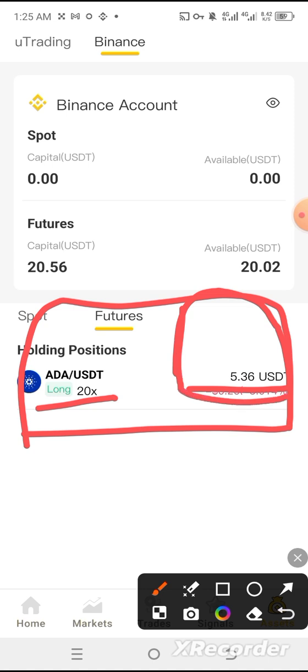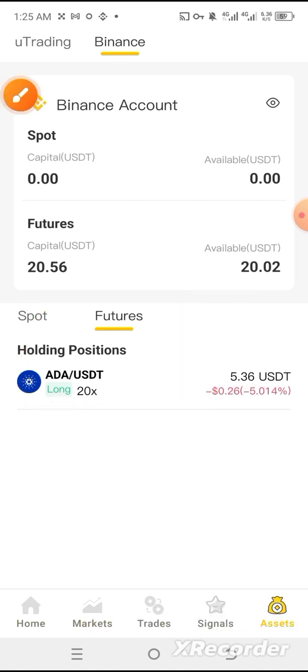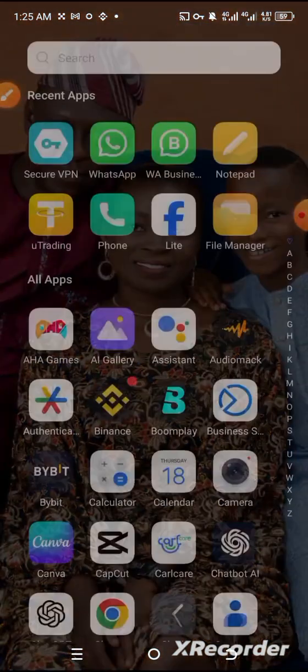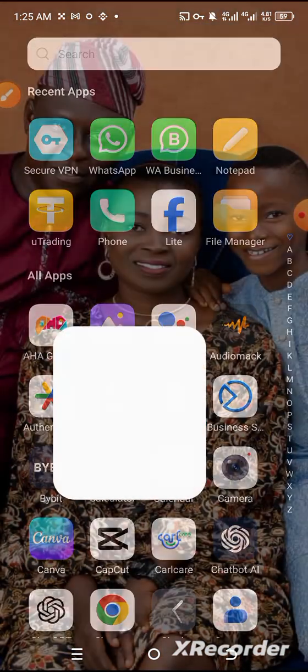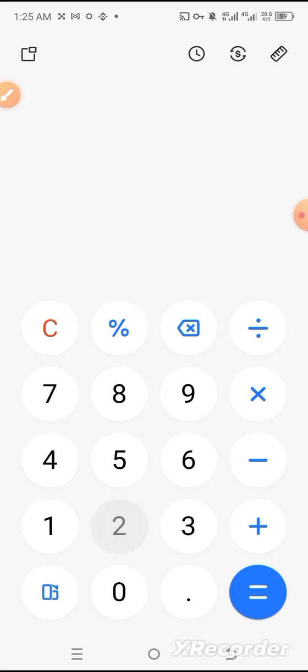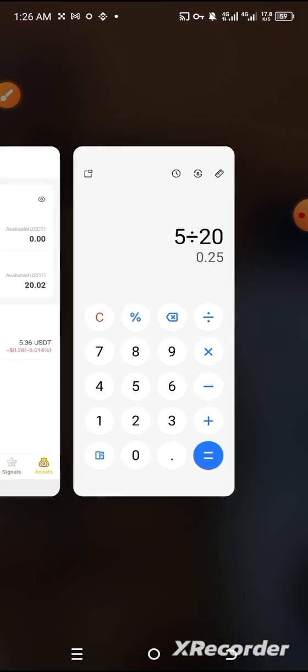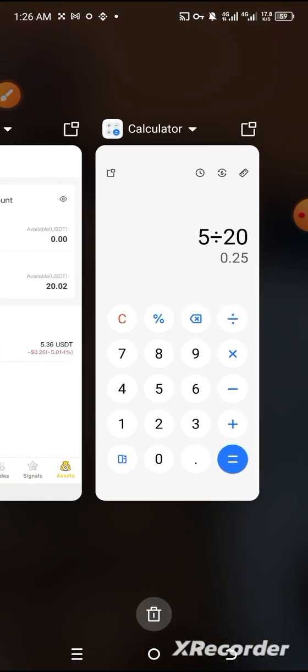What I mean is 20x is trading $5. So that simply means the fraction of my capital that I'm trading right now is 5 divided by 20. So what I'm trading right now in my capital is 0.25.